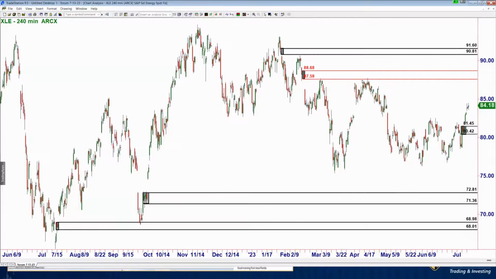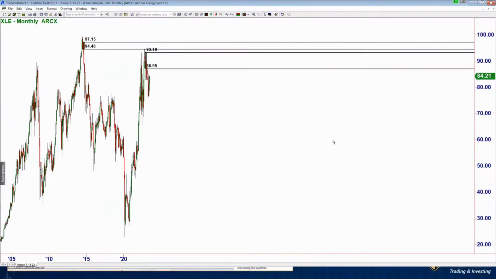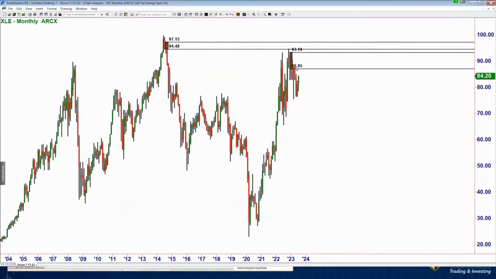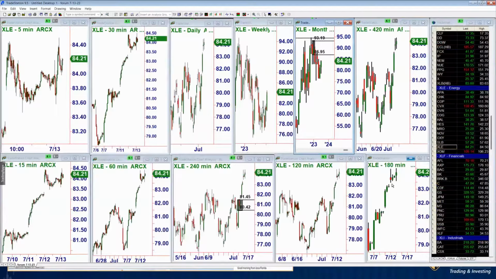And then the tested supply zone above here, and then the 90.80 fresh supply zone up there. Also in XLE, we have a much larger time frame supply zone sitting just above. So energy's been on the move. Looks like there's still a little room for it to go higher if it wants to.